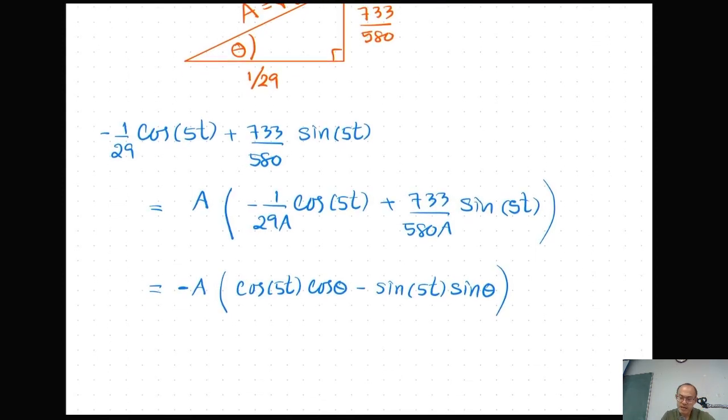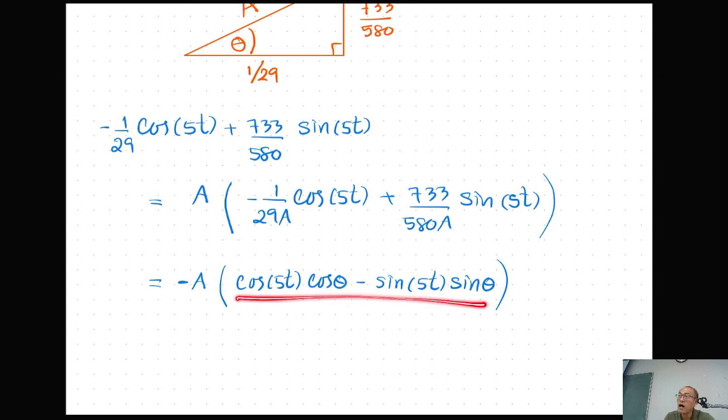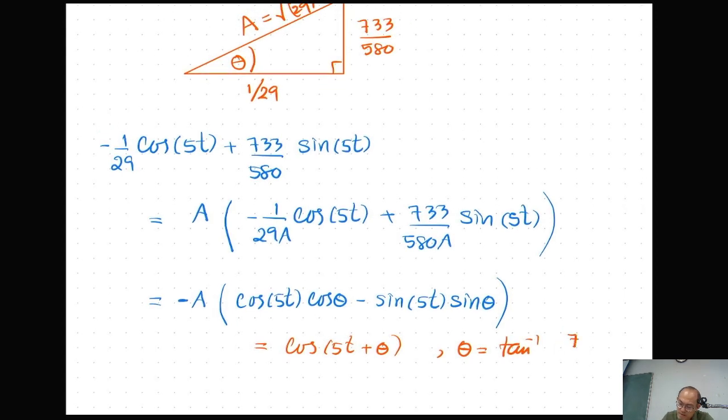Now, do you recognize this? What is it equal to? This is a trigonometric identity, and we recognize it as cosine of 5t plus theta, where theta is the arctangent of 733 over 580 divided by 1 over 29.